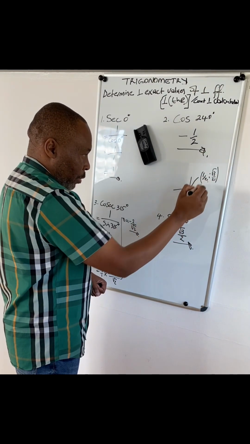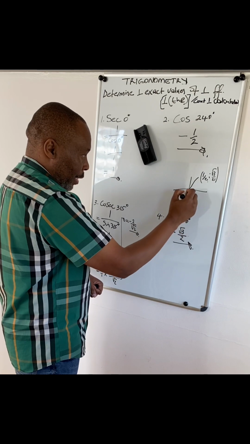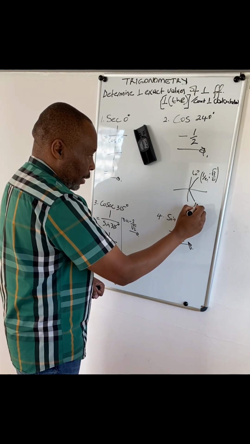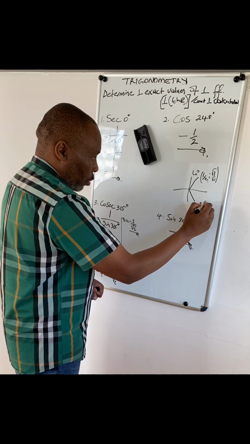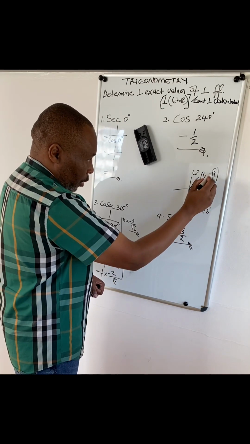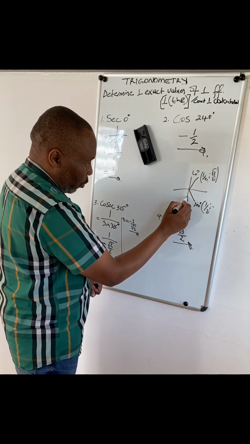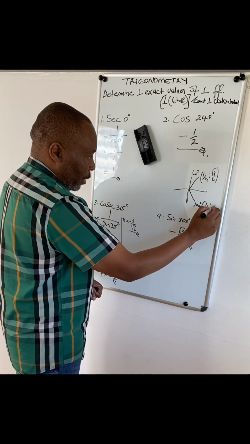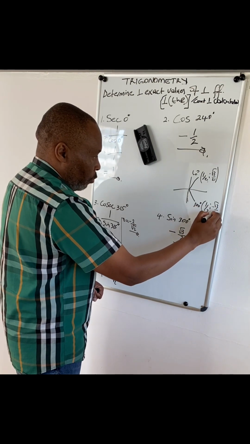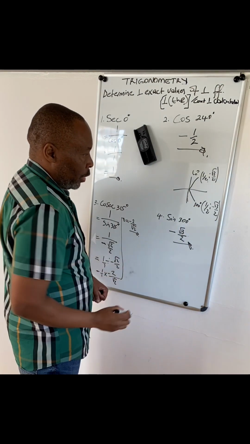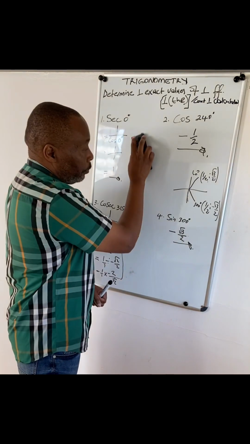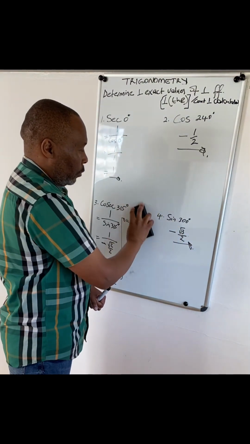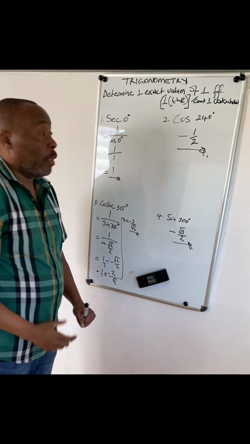It's the same here and here, but at 300 degrees, x is still half, but y is negative because this line is negative. Hence I've got negative root 3 over 2. Thank you guys.